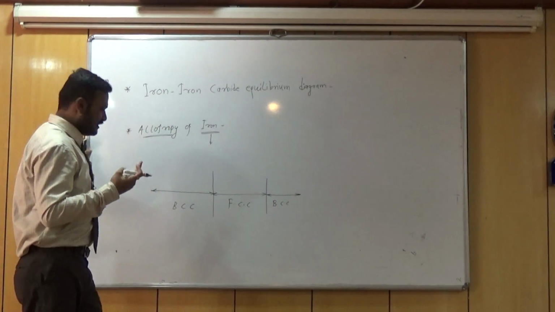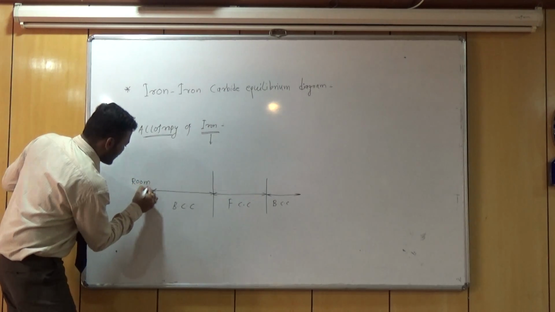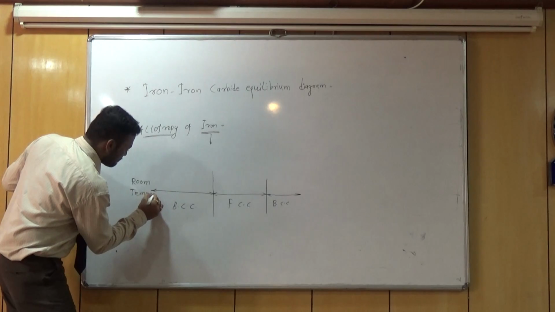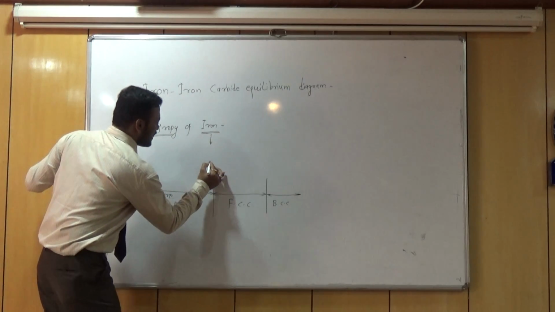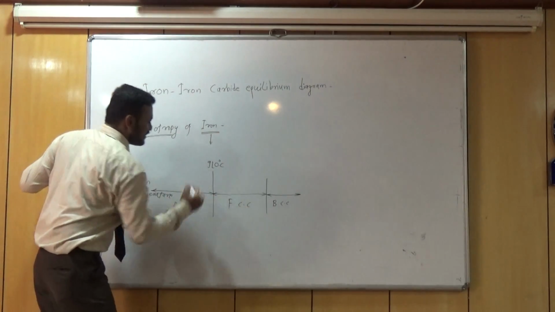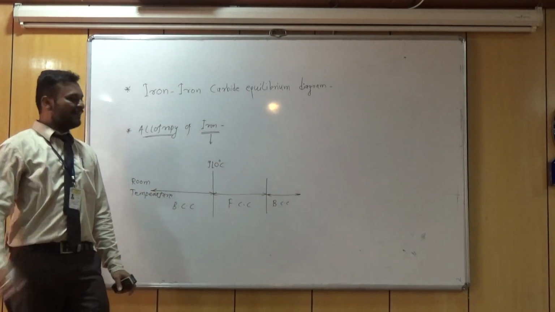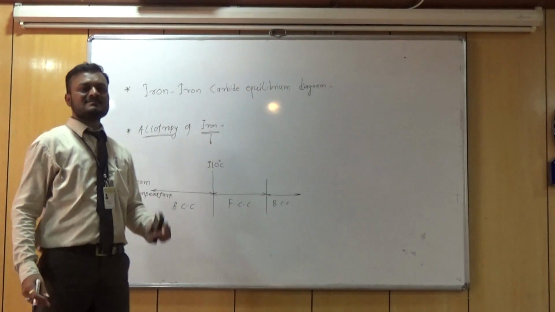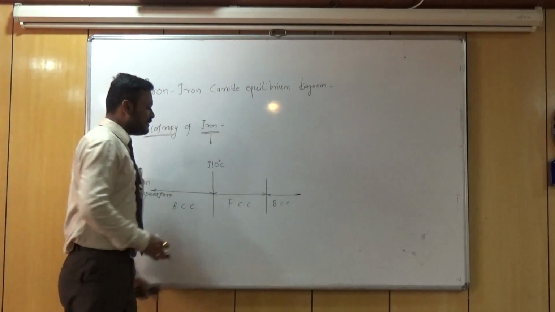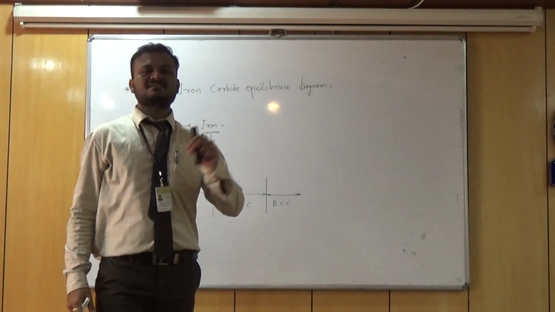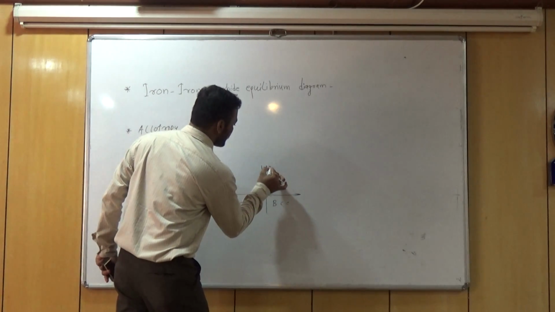If you observe carefully, suppose on this side we are having room temperature, and from room temperature up to 910 degrees Celsius, it will remain in the BCC crystal structure only. When temperature reaches above 910 degrees Celsius, it will get transformed from BCC crystal structure to the FCC crystal structure, and it remains in the face centered cubic crystal structure till the temperature reaches 1400 degrees Celsius.